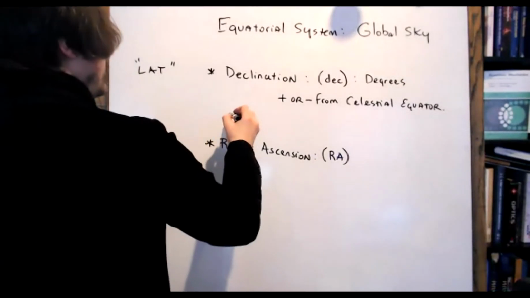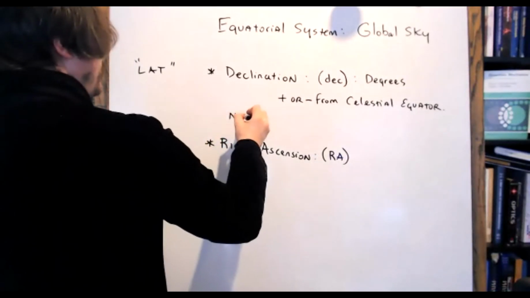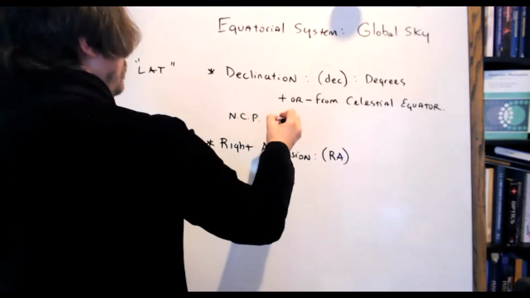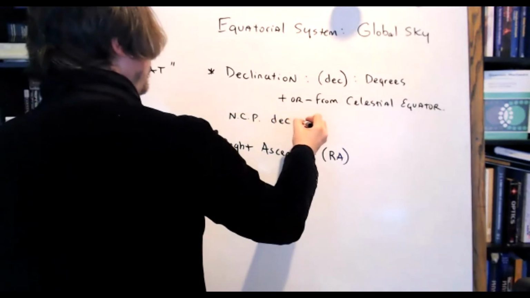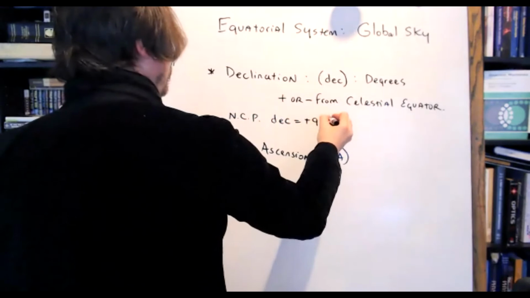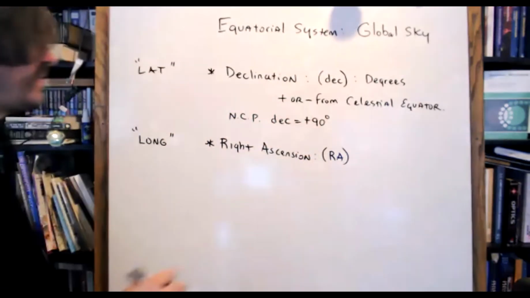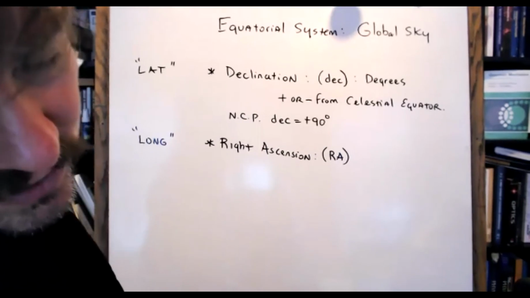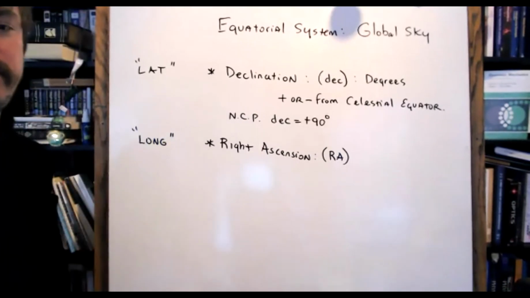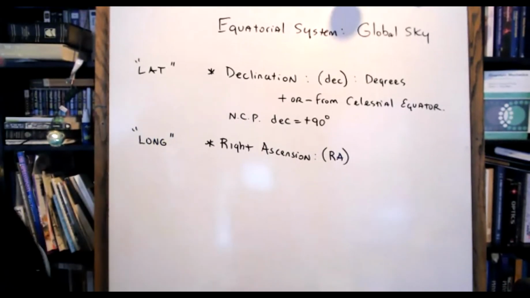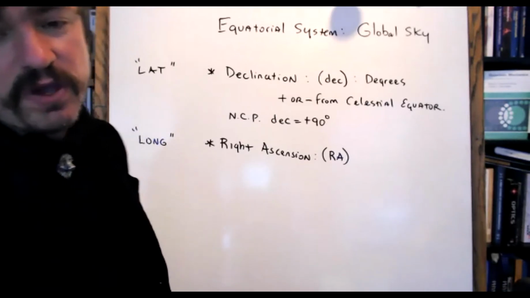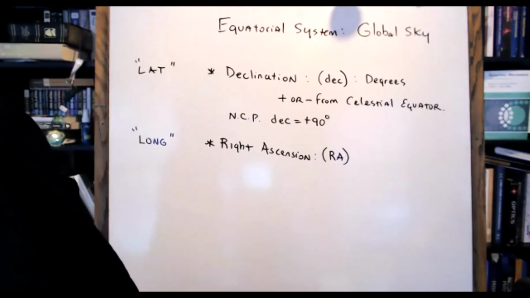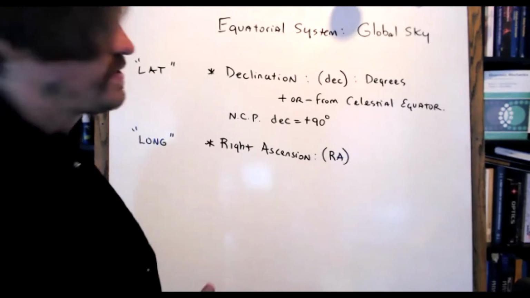So for instance, the north celestial pole has a declination of positive 90 degrees. Compare that to the North Pole of Earth, which has a latitude of 90 degrees north. Right ascension is a little weirder. Right ascension is actually measured in hours, not in degrees.